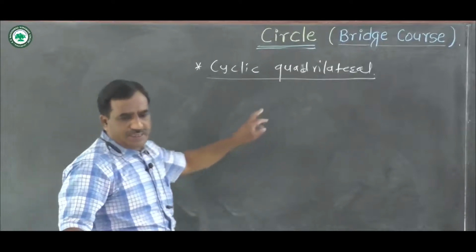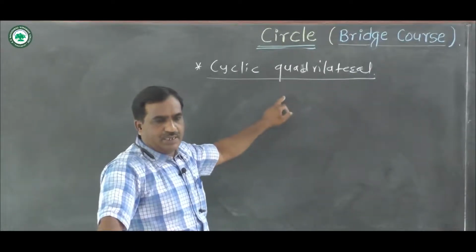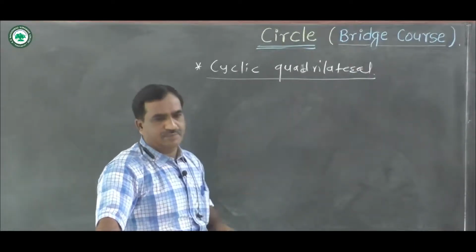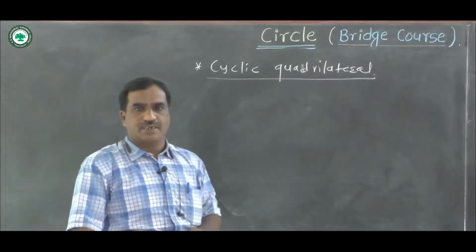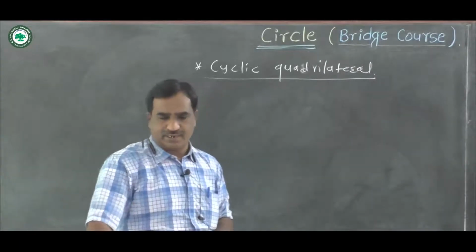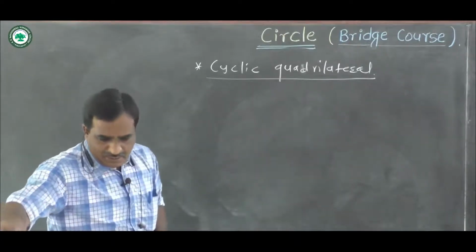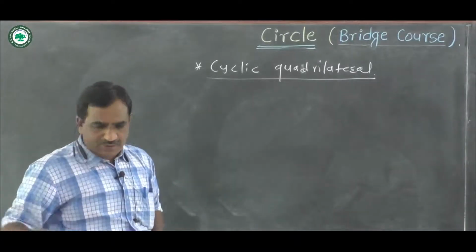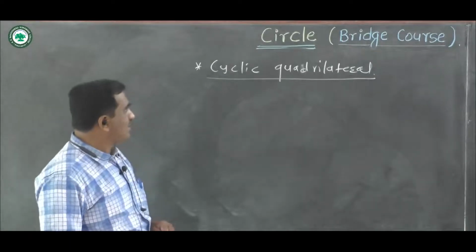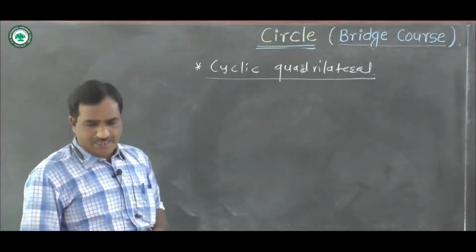If all the vertices of a quadrilateral lie on the same circle, then that quadrilateral is called a cyclic quadrilateral. Okay?